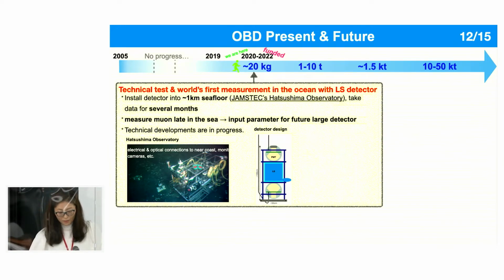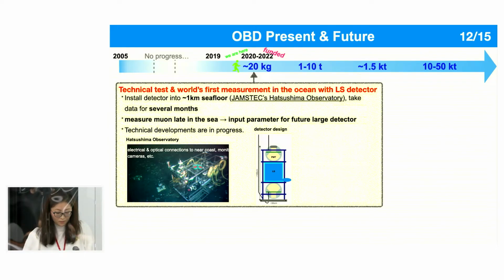Even if it's very small, it's a technological test. We can do a lot of things, and also we can measure muons in the sea, so it should be an input parameter for the future larger detector.